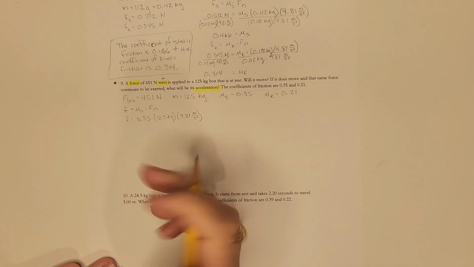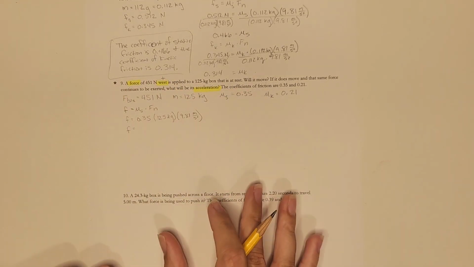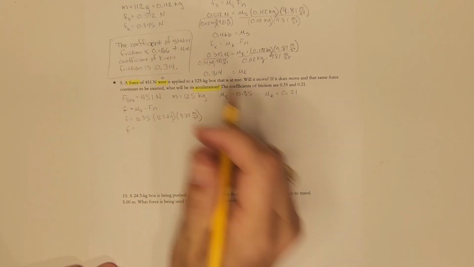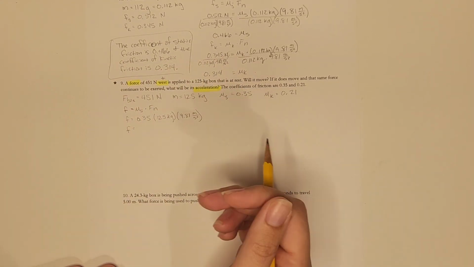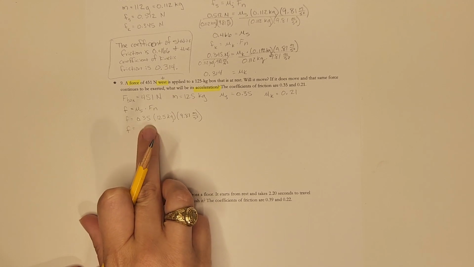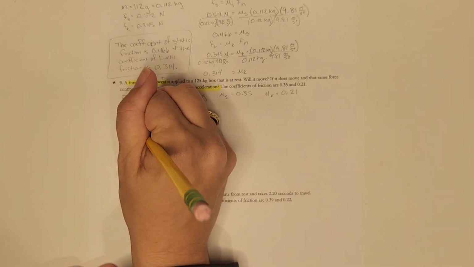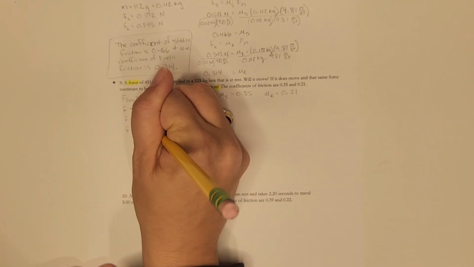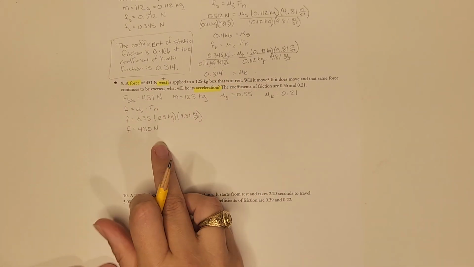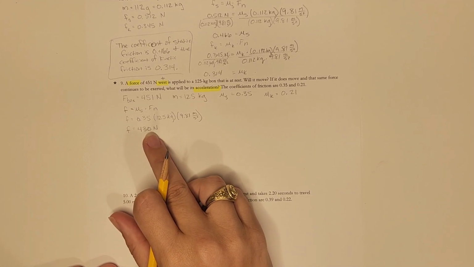When I multiply all that out, I get 429 newtons, but I'm going to round it to just two significant figures because the coefficient of static friction is 0.35. So 430 newtons is the force required to move the box from rest.